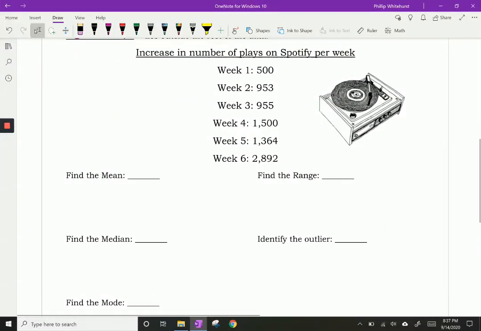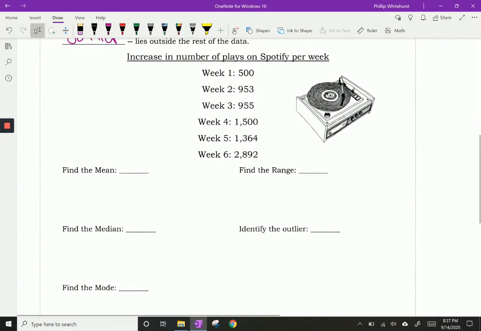Alright, so if we're looking at a song on Spotify, week 1 it's got 500 plays, week 2 it's got 953 plays. This is how much it increases every week, right? It increased by 500, increased by 953. Just keeps growing. So the first part, find the mean. To find the mean, we want to add up all of these numbers.